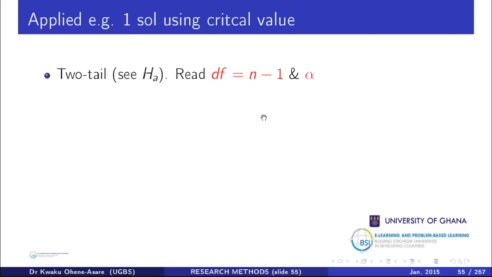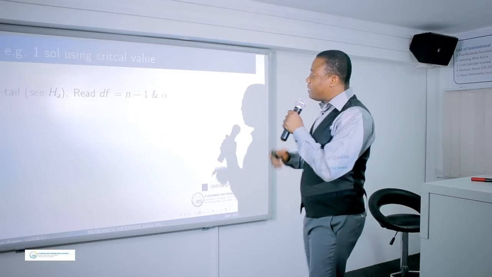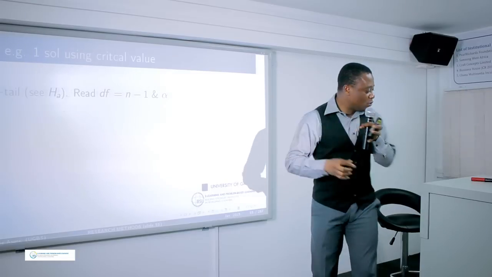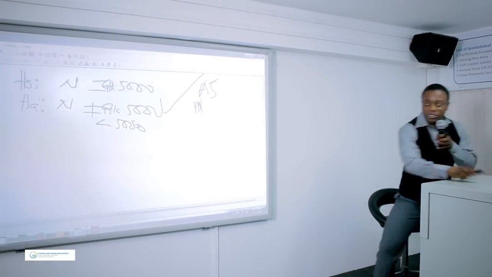Let's remember the formula you need to find the T critical. You need to know your degrees of freedom, which is n minus 1, and then you also need to know the alpha, the level of significance, which in this case is 5%. So you put them down this way. Let's write it down. How you write it is also very important.